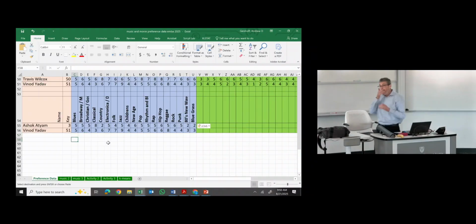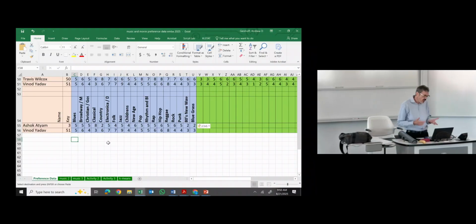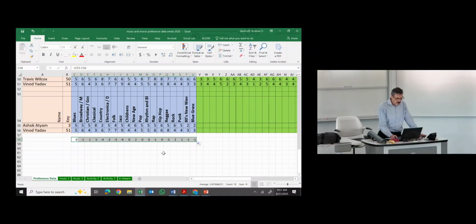One thing I could do is find out how far apart these two are. Do they belong on the same island together? I could just take the difference, this minus this. We can see on blues, they are spot on. On Broadway, they're pretty close. Classical music, they seem to diverge. Country music, a little bit, they diverge. Electronica, they diverge. So I've got all of the differences between these individuals.